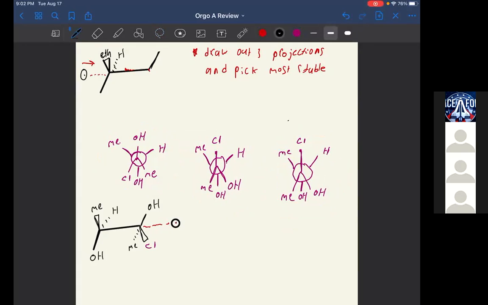Okay, so here you have methyl interacting with chlorine. You have methyl interacting with OH, and you have OH interacting with OH. Here you have methyl interacting with chlorine, methyl interacting with OH, and you have OH interacting with OH.